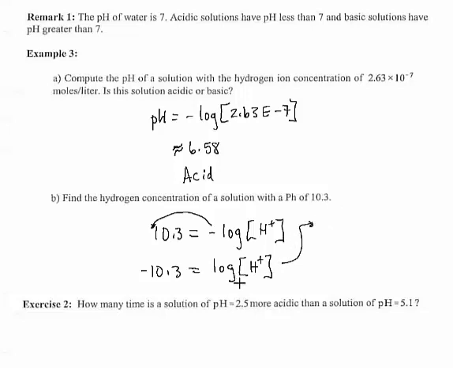And now we convert this to an exponential equation. You note that this is the common log, and it's understood to have a base of 10. And so on one side of the equation we write 10 as the base of our exponent with an exponent of negative 10.3, and then the result of that would give us the H plus, the hydrogen concentration.